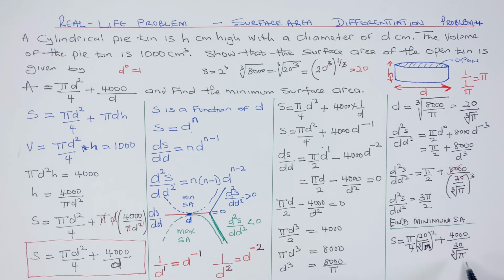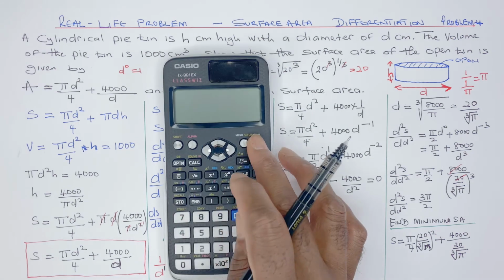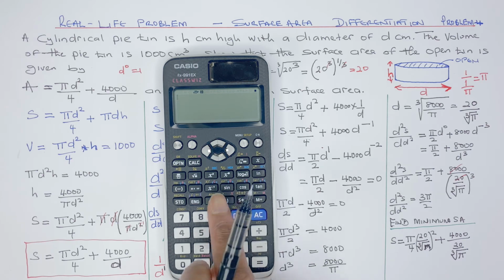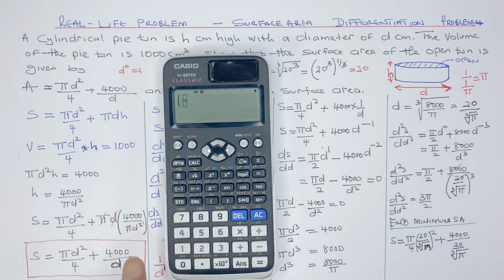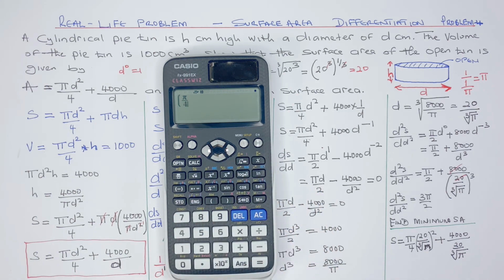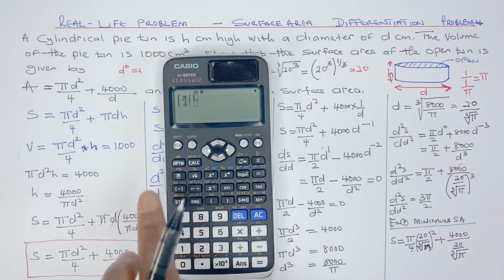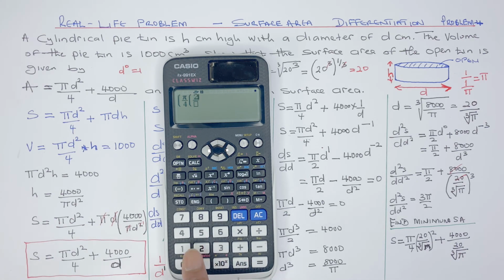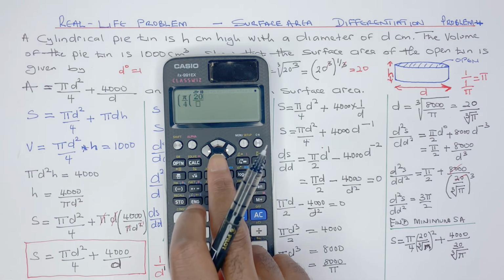Now, if you plug all that into your calculator, make sure you do that properly. Turn on the calculator, open bracket to start with, then do the fraction key. To get the pi, do shift, that one here, times 10 to the power x will give you the pi. Bring the arrow key down, put a 4 in there, move the arrow to the side, another open bracket, this time fraction key, do 20, then move the arrow key down.